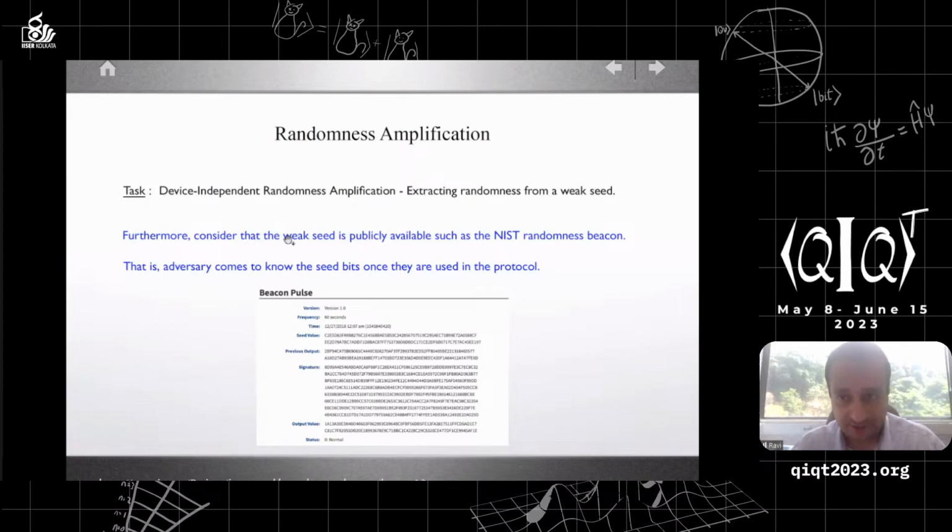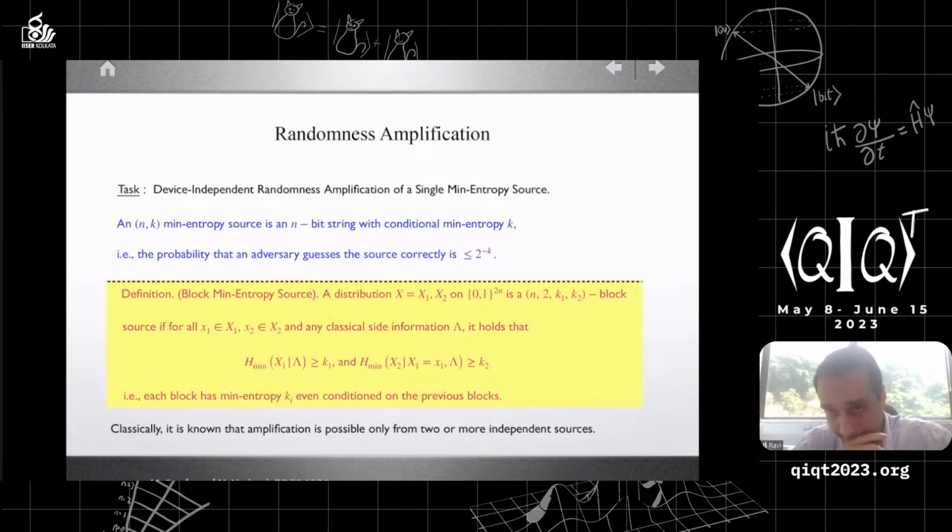These seed bits could be public things like weather patterns, thermal noise, or the NIST randomness beacon, where you can get a seed value which has some amount of randomness to it. An adversary can, of course, come to know these seed bits after they are used in the protocol. So that's the task we're looking at: extracting randomness from a single weak public seed.